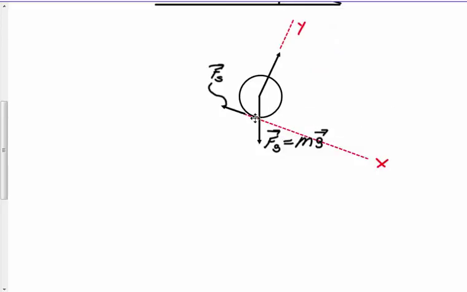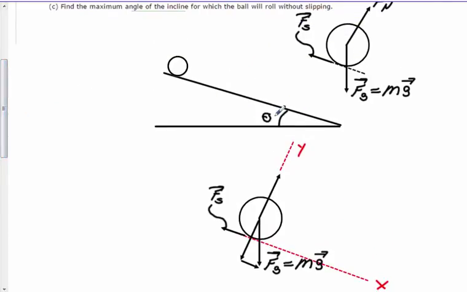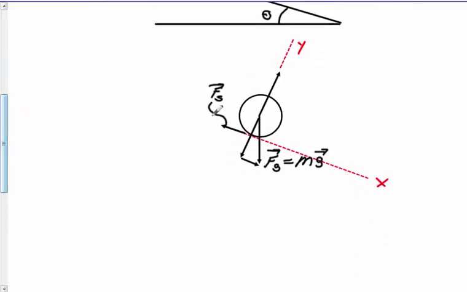Alright. I'm going to take this and break it into the two components, one perpendicular and one parallel. So there's one perpendicular and there's the one parallel. Now, if this angle here is theta, this angle here will also be theta. And you can prove that with geometry. I'm not going to do it in this video.